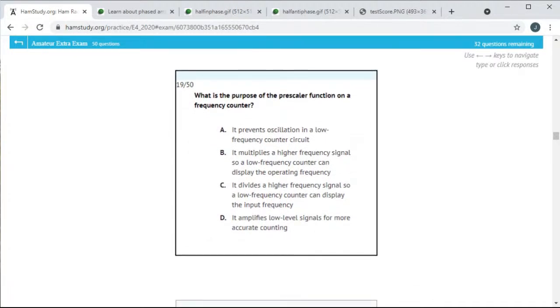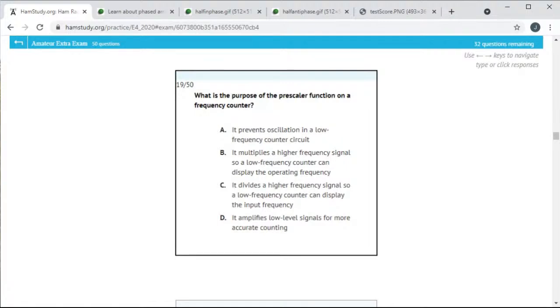What is the purpose of a prescaler function on a frequency counter? A, it prevents oscillation in a low frequency counter circuit. B, it multiplies a higher frequency signal so a low frequency counter can display operating frequency.